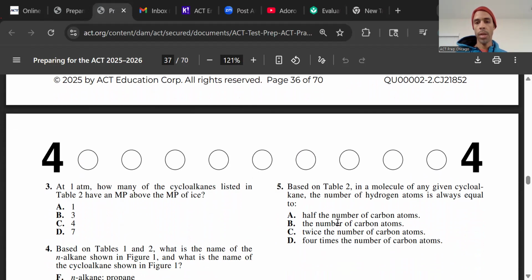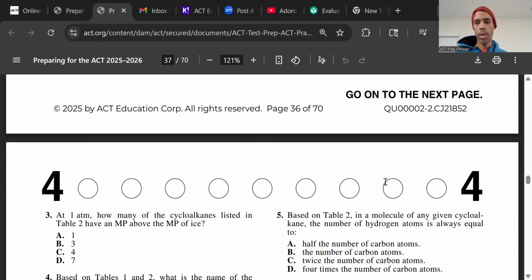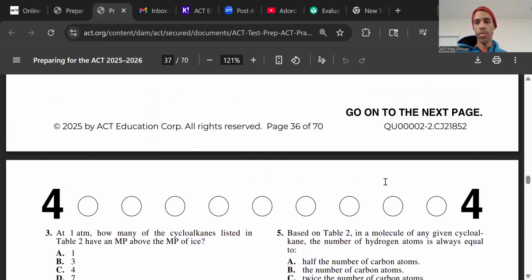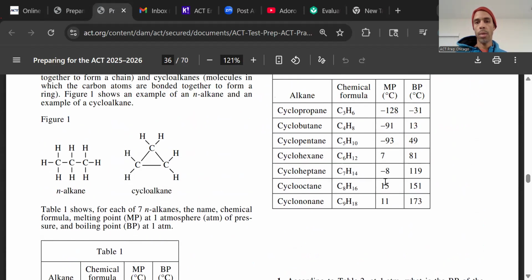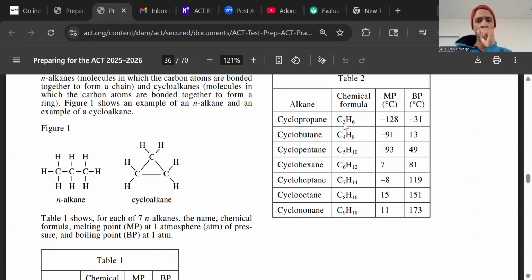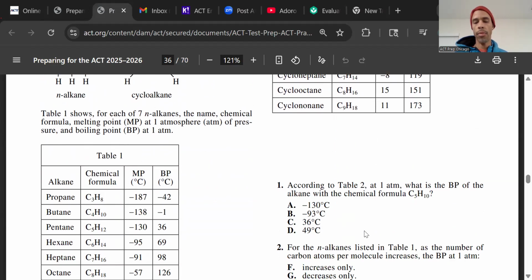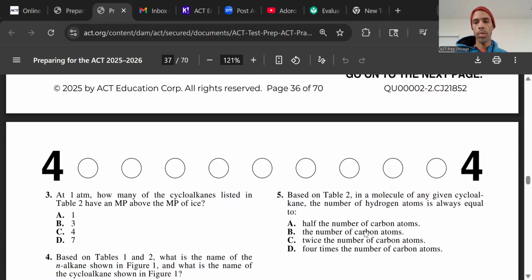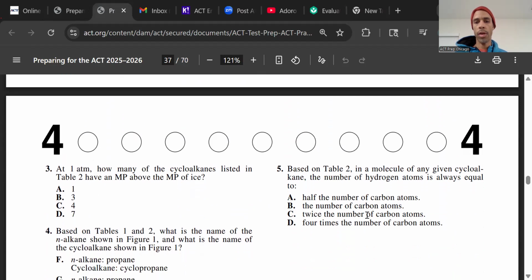Half the number of carbon, the number of carbon, twice the number of carbon, 4 times the number of carbon. It looks like the hydrogen atoms are twice the number of carbon atoms. So the number of hydrogen atoms is always equal to twice the number of carbon atoms. That would be choice C.